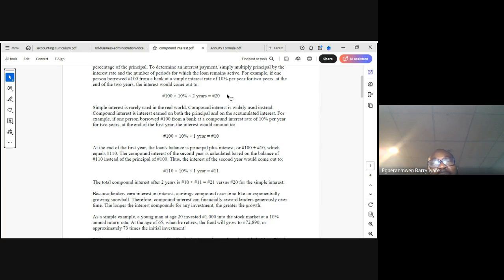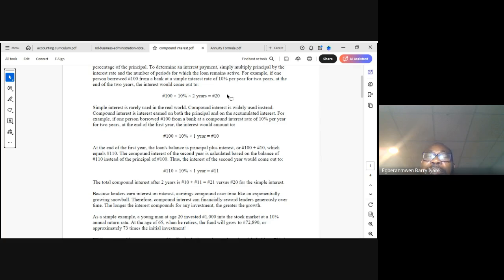But with compound interest, the interest of the 10 naira is plowed back into the principal. We add it to the principal. Remember, let's say you invested 100 naira for 2 years.